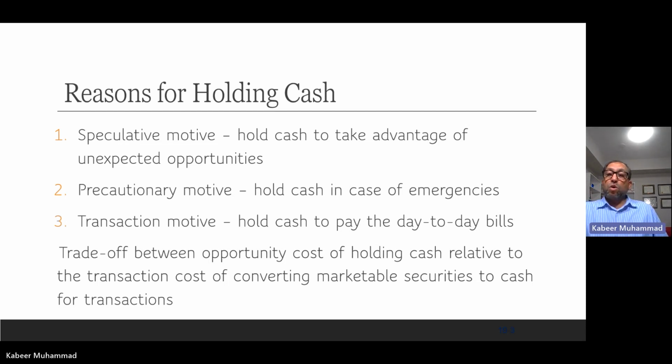The second one is called the precautionary motive. We hold some money in cash or in our bank accounts in order to meet any event or emergency in which we need to spend money. Let's assume that you have a zero balance in your account and in your wallet, and your tire goes flat and you want to repair it.